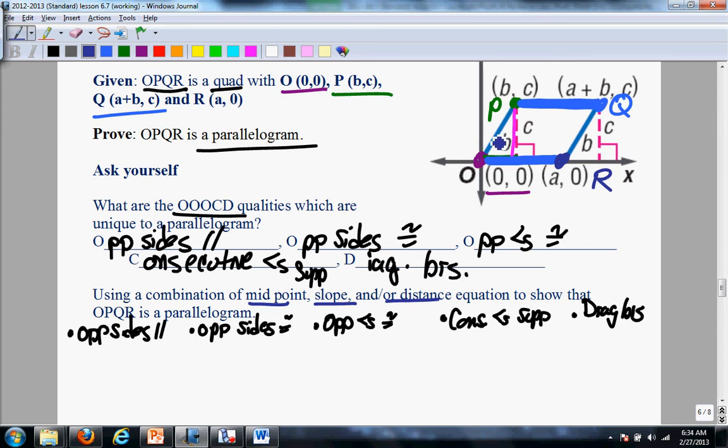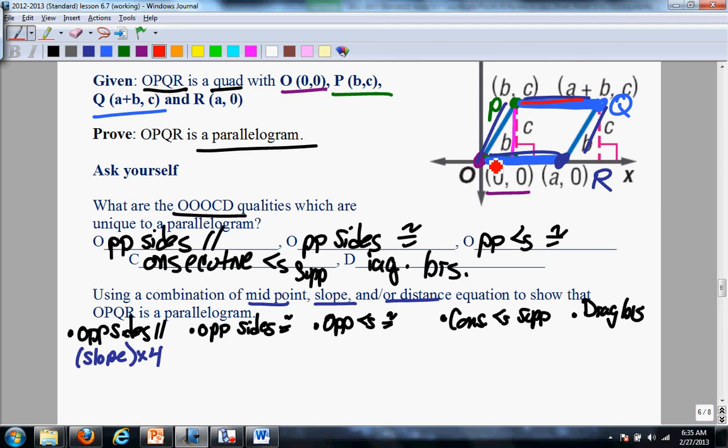If we want to show opposite sides are parallel, parallel is a slope issue. And we have two pairs of sides, so if we use slope, we'd have to use the slope equation 4 times. Opposite sides congruent, that's a length issue.